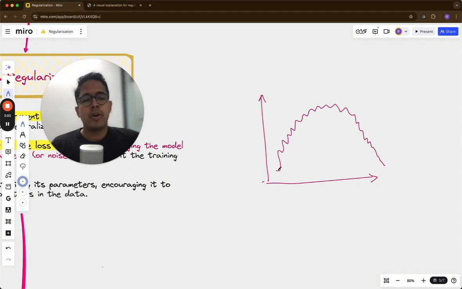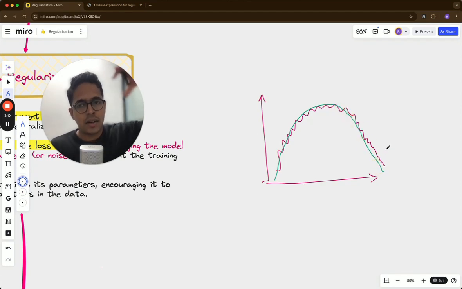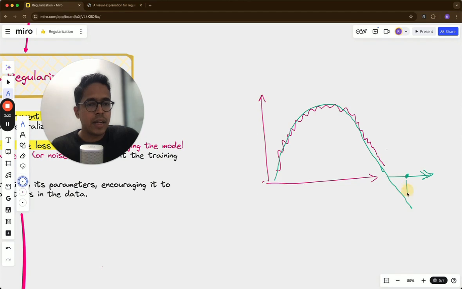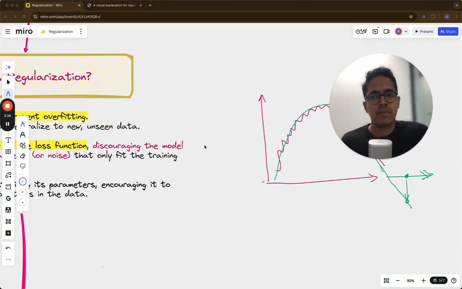What you want your model ideally to learn from this is a pattern that looks something like this, a bell-like shape. And in that case, if a new data point for x equal to a value somewhere over here is given, maybe the model can make a better prediction saying, okay, this will be the corresponding y value. So this is what your model should be learning, and not these individual rough patterns due to noise or outliers.